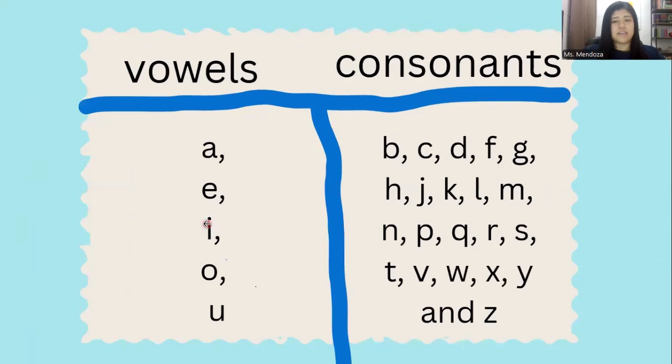Before explaining a consonant, let me explain the vowels. Vowels and consonants are the alphabet.